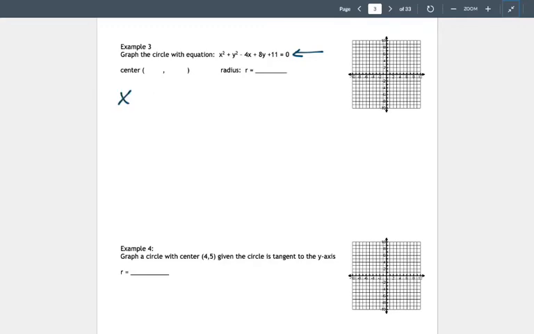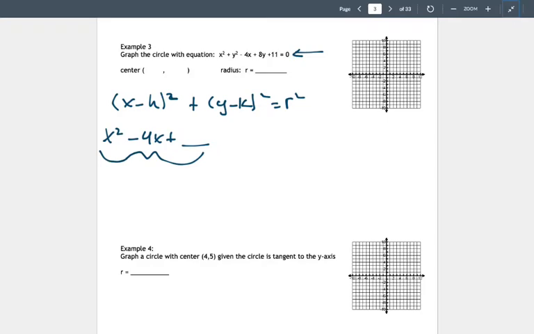I start by grouping the x's first, and I'm going to be adding some number to this in order to complete the square, because you want to be able to factor it so that it looks like this. This is what your standard form looks like, so this trinomial will be able to factor to look like this.